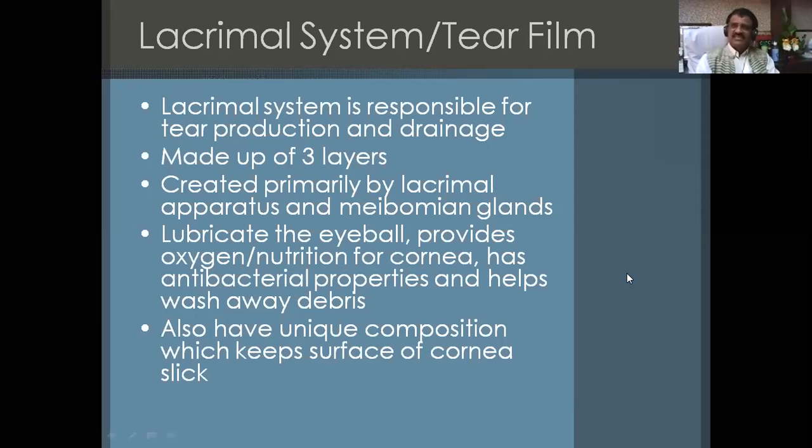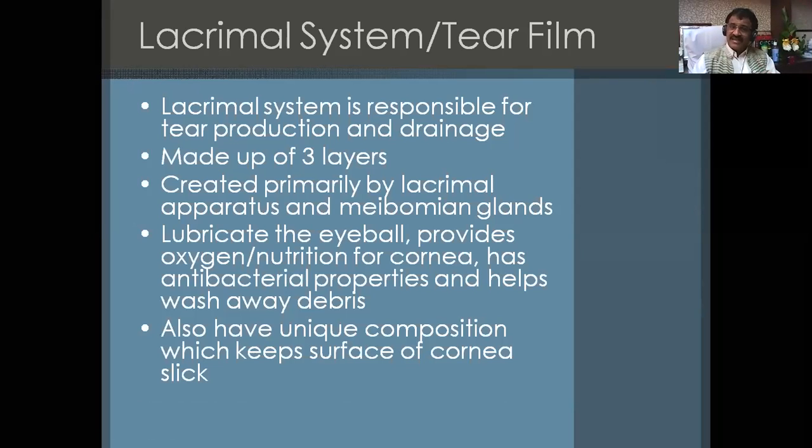Now the lacrimal system, which secretes the tear. The tear is in the form of a tear film. We have seen the lacrimal apparatus which gives rise to the lacrimal system, and it is responsible for tear production and drainage ultimately. And the film is made up of three layers created primarily by the lacrimal apparatus and meibomian glands.